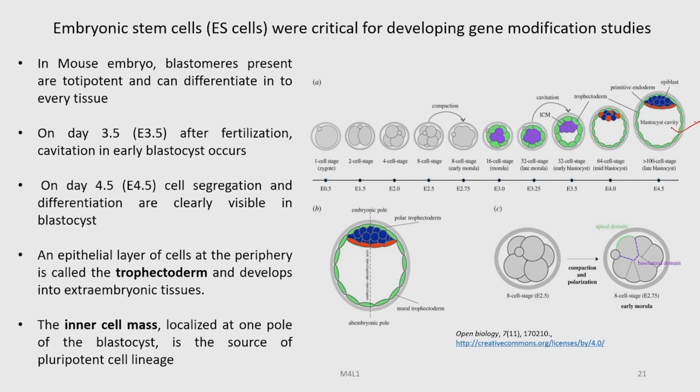An epithelial layer of cells at the periphery is called the trophectoderm and develops into extraembryonic tissue. The inner cell mass is localized at one pole of the blastocyst, and this is a source of pluripotent cell lineage.